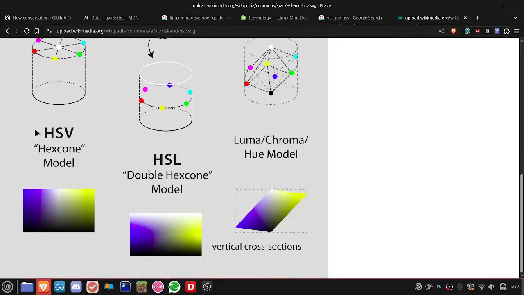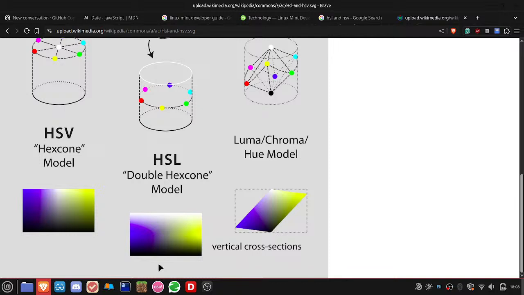Let's just do this HSV hexagon model. Okay, HSL double hexagon model. HSV and HSL are two different species. Do you understand? One is pure white and one is pure black.